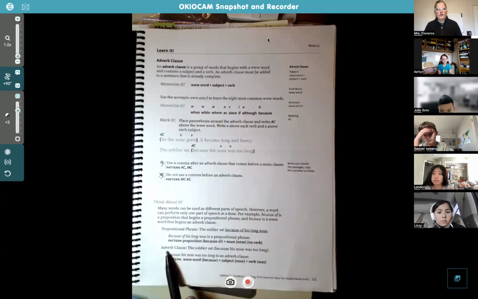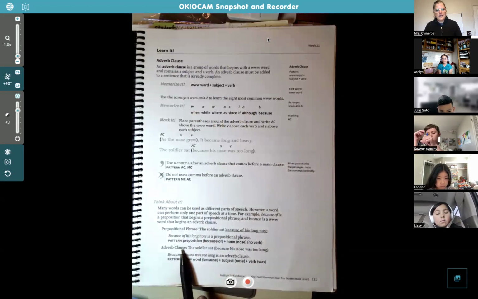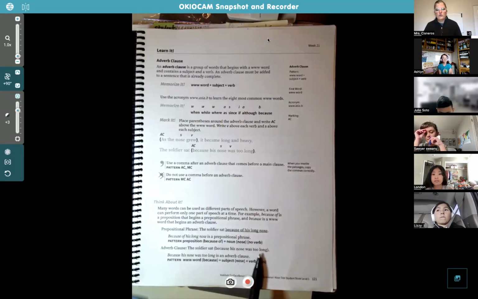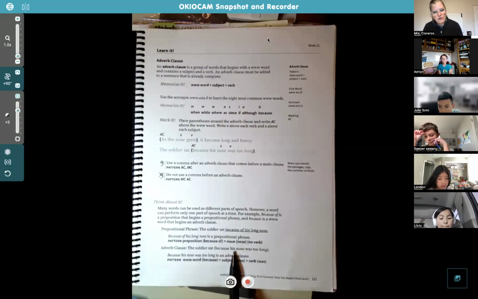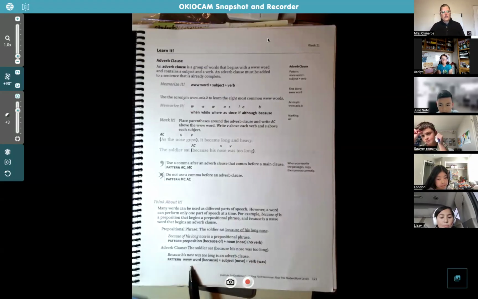This is the adverb clause. So this one's going to have a verb with it. It says, the soldier sat because his nose was too long. That word was is a verb. Because his nose was too long. Notice it doesn't have because of. That would be a prepositional phrase, like this one. But because it just says because his nose was too long, here's the pattern.